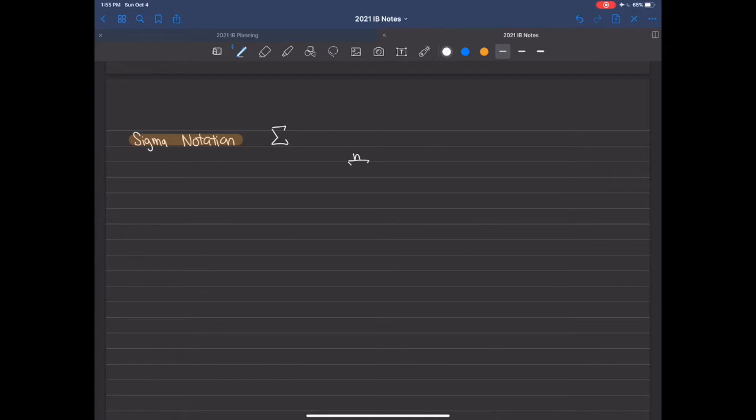So there's an example of sigma notation that is used to describe an arithmetic series. Let's unpack it. What does this symbol mean and what do these numbers tell us?